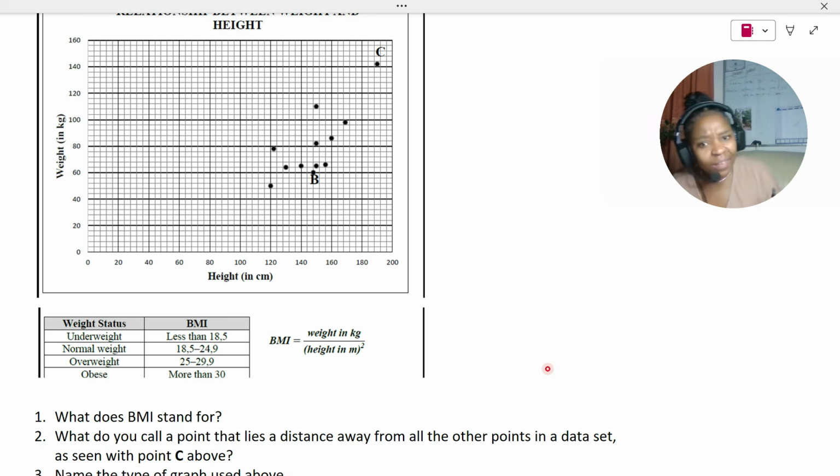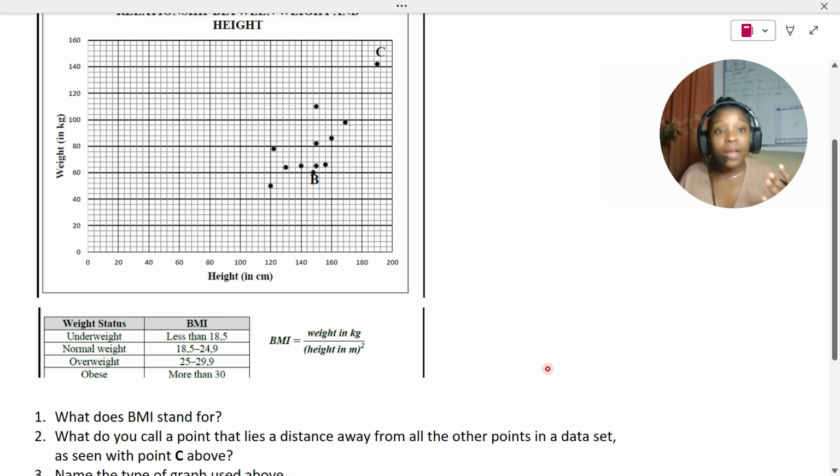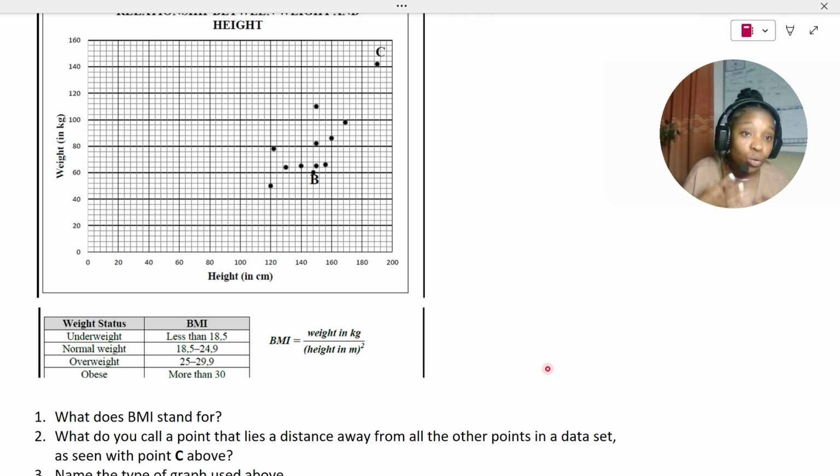We are even given the formula for BMI. So if we're given the height in centimeters, we're going to be converting those centimeters to meters.